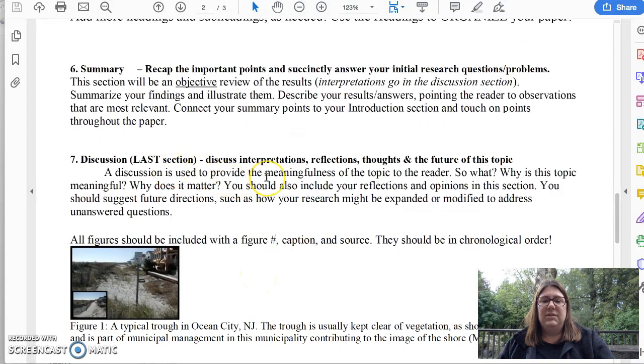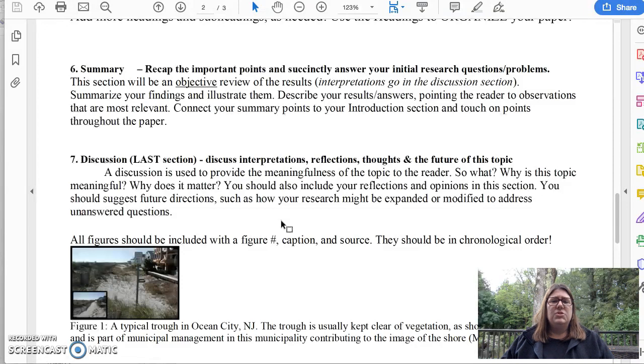Then the discussion is your very last section. Okay, your discussion is the big picture, the broad context, why this is meaningful, what could be done in the future, who cares, why does this topic matter, who does it matter to. You can also include some reflective content, you can include some opinions, you could talk about what should happen in the future.